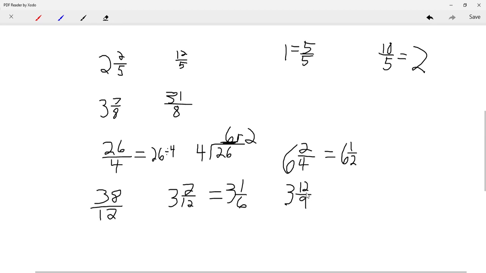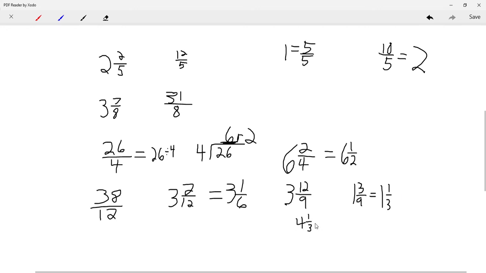So 12/9 would actually be 1 and 3/9, which actually equals 1 and 1/3, right? Because 3 and 9 can both be divided by 3. And so we're just actually going to add 1 and 1/3 to 3, and it becomes 4 and 1/3.